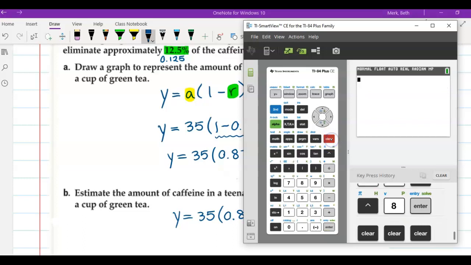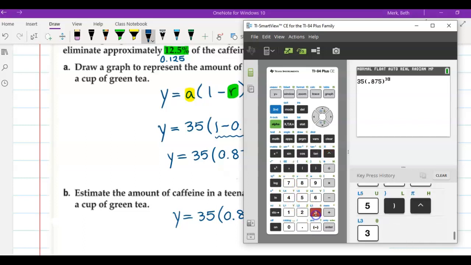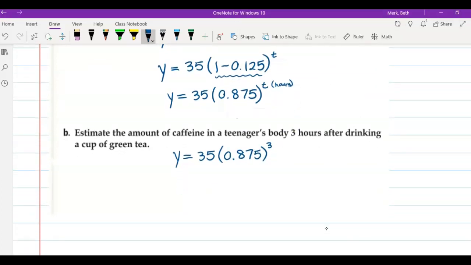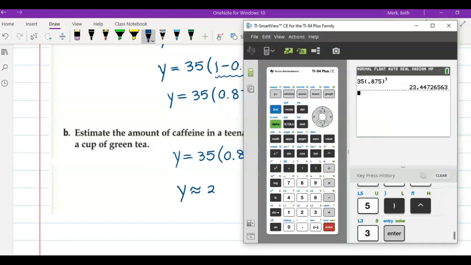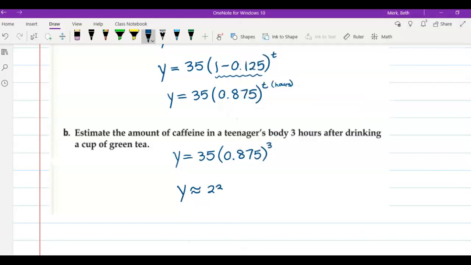Let's clear out my calculator. So 35 parentheses 0.875 to the third tells me that after 3 hours, there will be approximately 23.44 milligrams of caffeine left. And I didn't put in equals because I rounded, so I changed it to a squiggly equals.